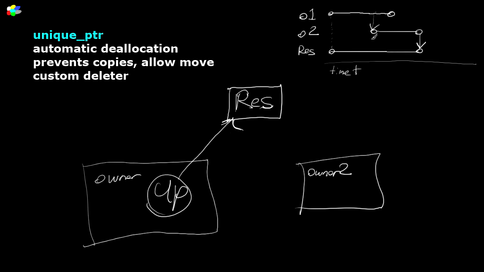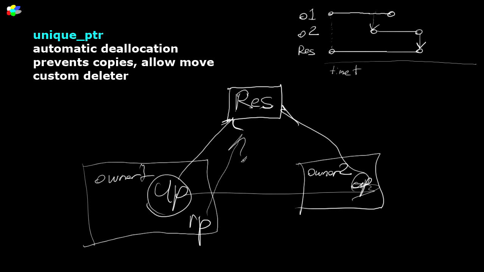Now, what if there's some overlap between owner 1 and owner 2? In this case, if owner 2 is guaranteed to live past owner 1, you could still do a unique pointer transfer, but you would have to switch owner 1 from owning with a unique pointer to just using a raw pointer to maintain a reference.